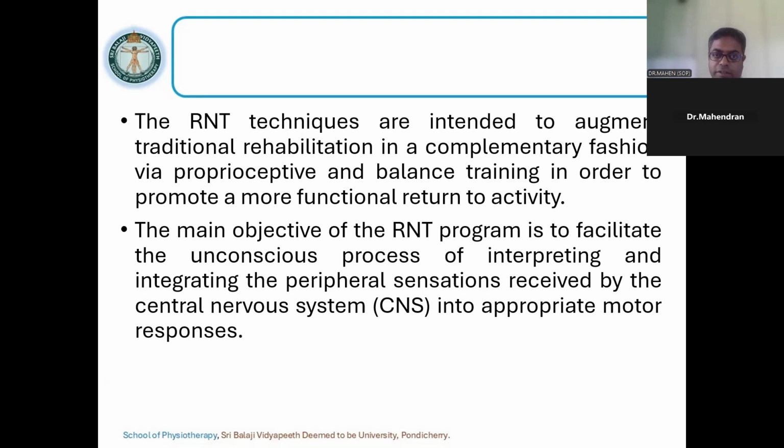So these activities you cannot forget easily. Through the RNT program, this unconscious process would be facilitated further. Normally, after an injury, this unconscious process will be damaged. By using the RNT technique, this unconscious process will be restored again.